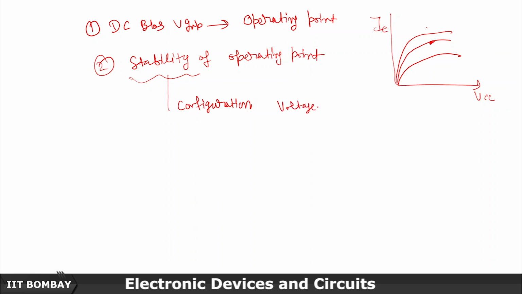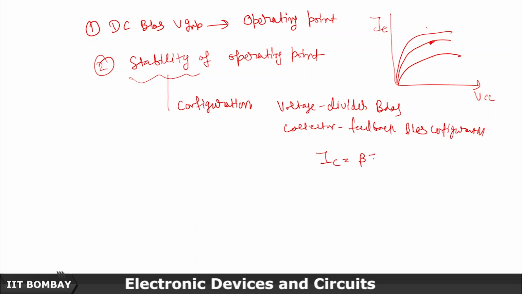Voltage divider bias is good. Collector feedback is also good, because they have a feedback mechanism. So somehow the IC should not change with change in the beta. We have to design the bias.